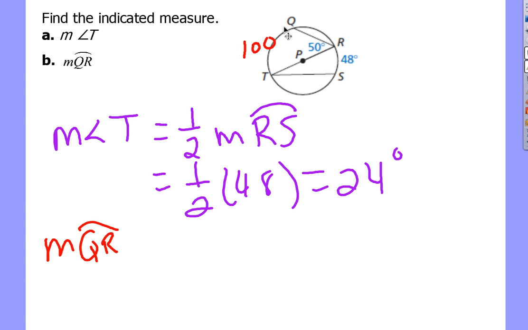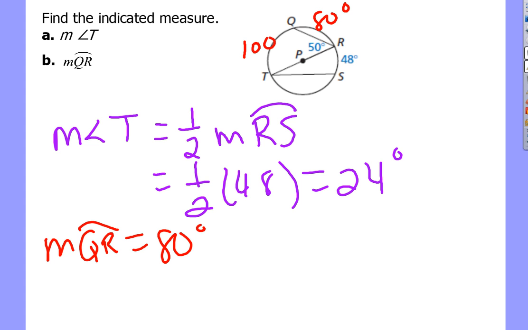If QT has an arc measure of 100 degrees, and the whole thing is 180, then the measure of arc QR is going to equal the difference, 80 degrees. In some of these situations, you have to think outside the box, and it may not be a direct correlation like we did here or here.